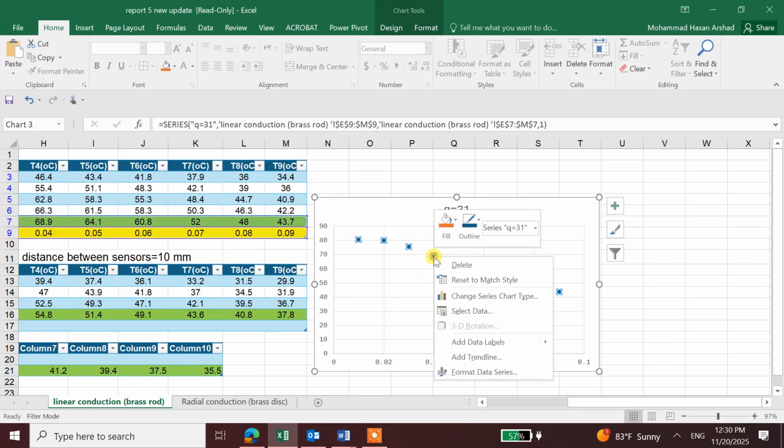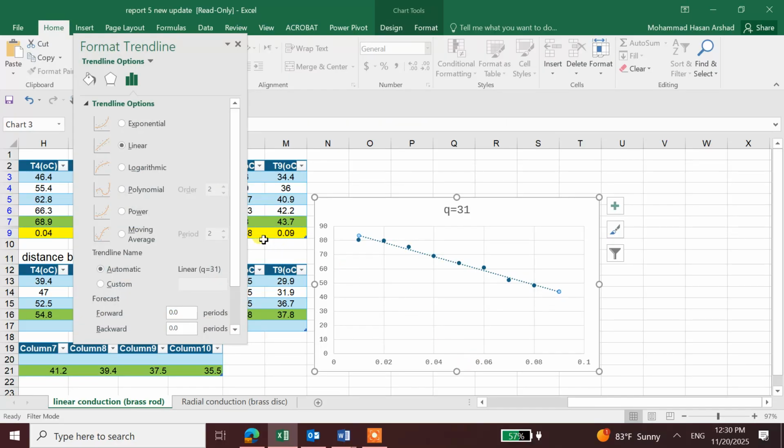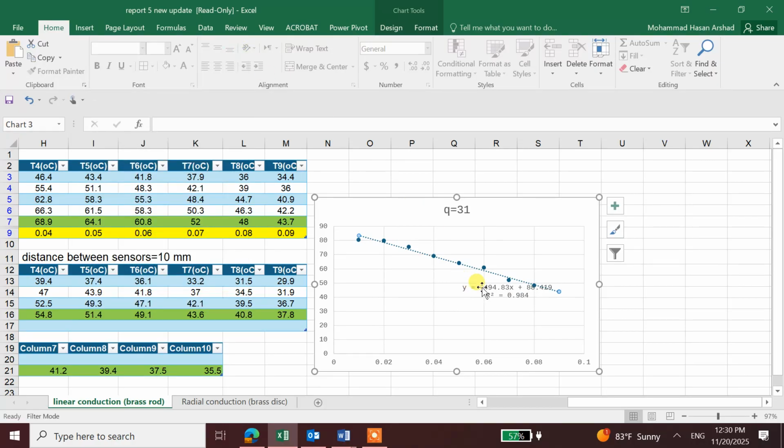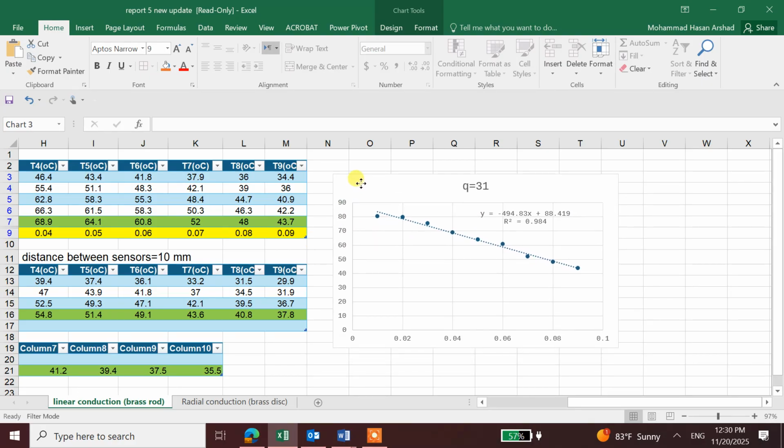What we need is to find the slope of this. The temperature is linear, right? We need dT/dx. So for this profile of temperature versus x, the slope will be dT/dx. In this case dT/dx is minus 494.83. Got it?